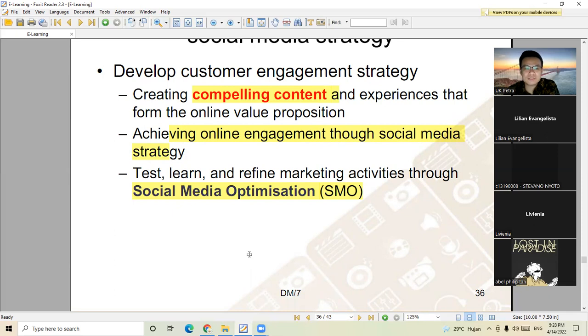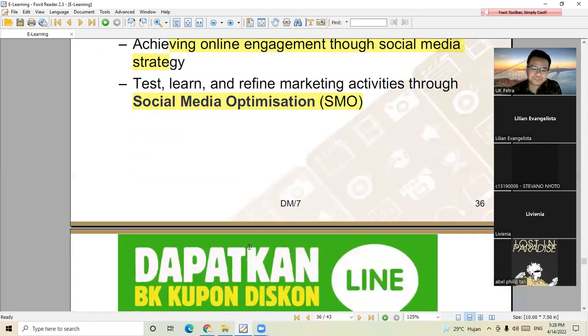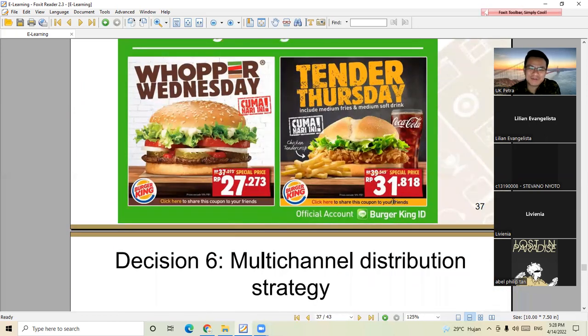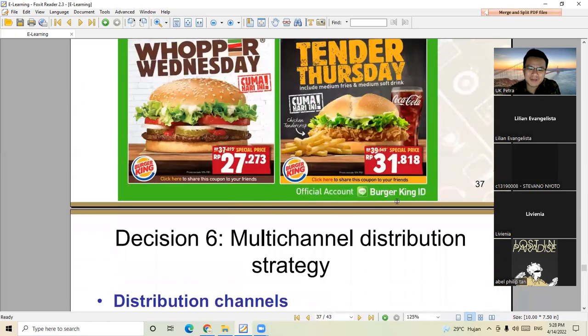SEO focuses on search engine optimization. But if you want to use social media effectively, we can conduct what we call social media optimization. This is just an example of the Burger King campaign.